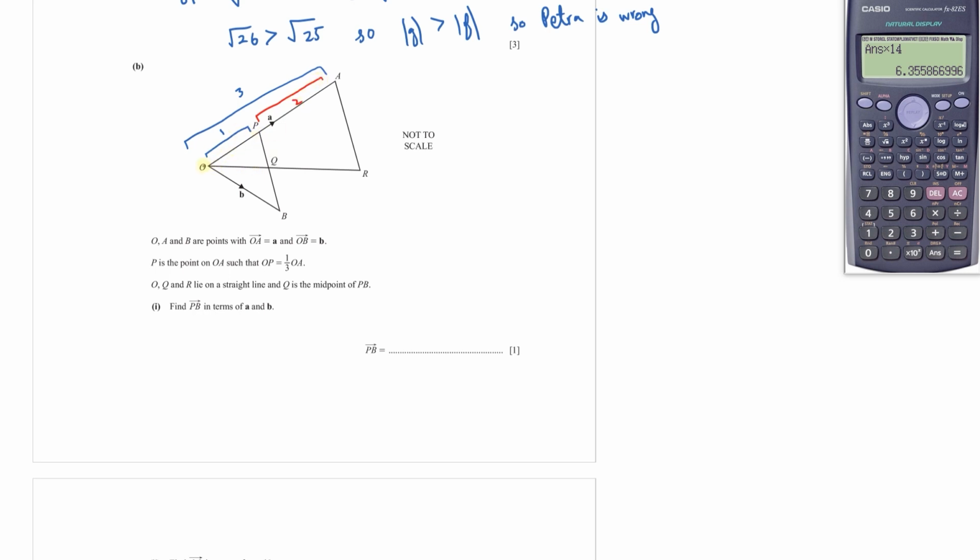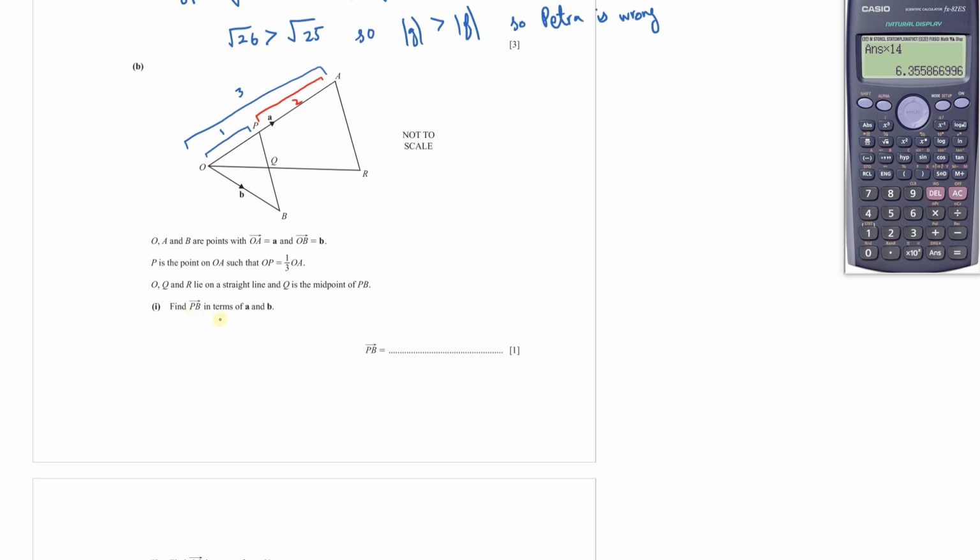So OP will be 1 by 3 of this full length OA as given here. O, Q, R lie on a straight line, and Q is the midpoint of PB. So Q point is the midpoint of PB. So PQ and QB will be equal.